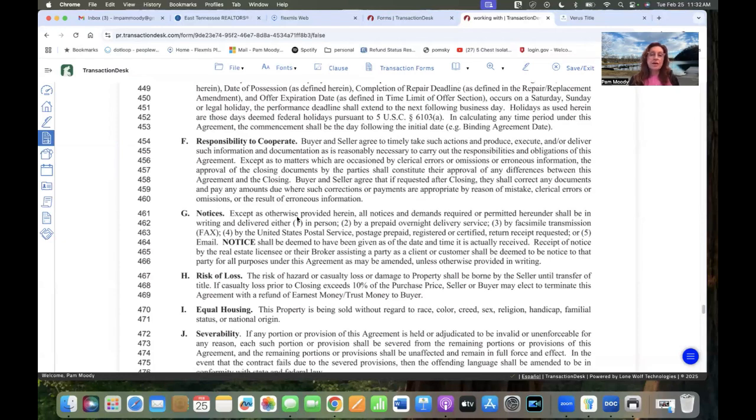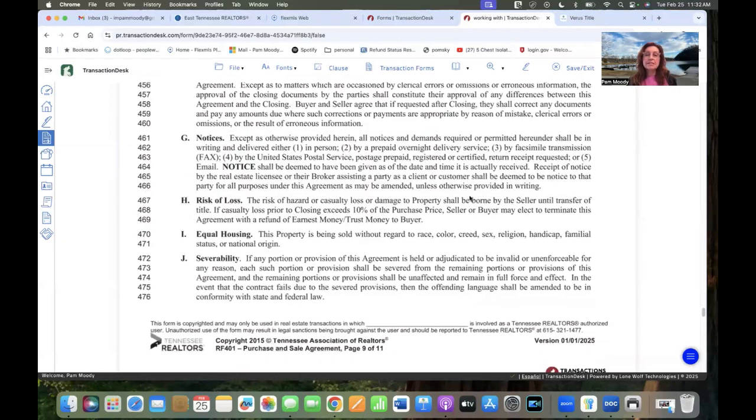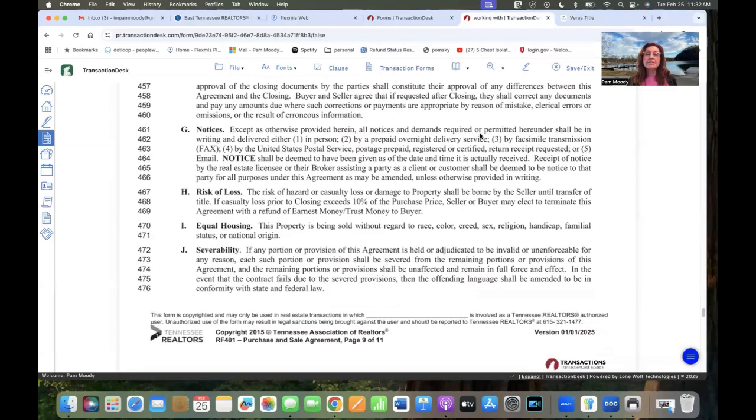Notices: except as otherwise provided herein, all notices and demands required or permitted hereunder shall be in writing and delivered either in person, by a prepaid overnight delivery service, by facsimile, by the post office, or email. So email, and if you need, we say, did you receive?